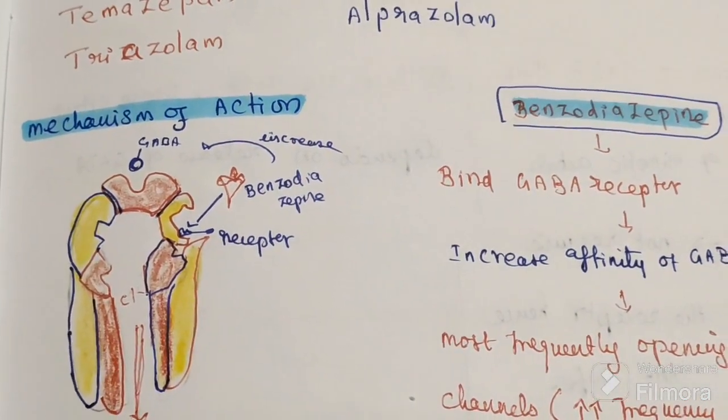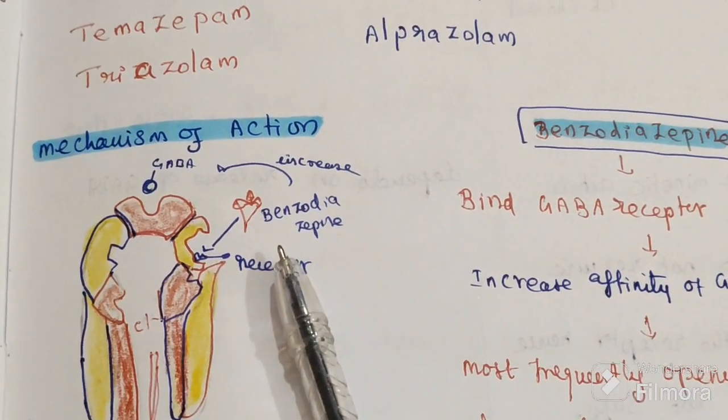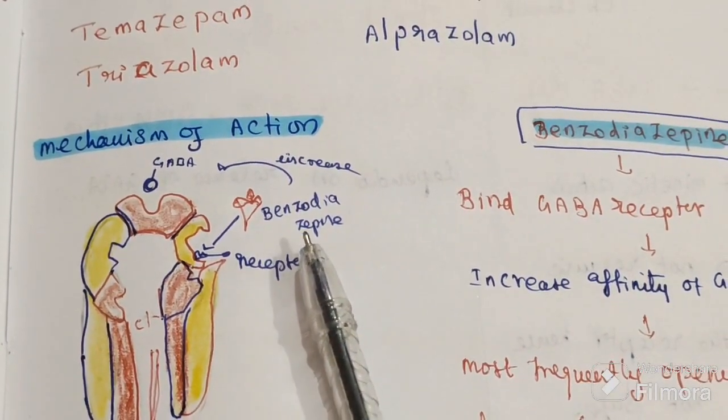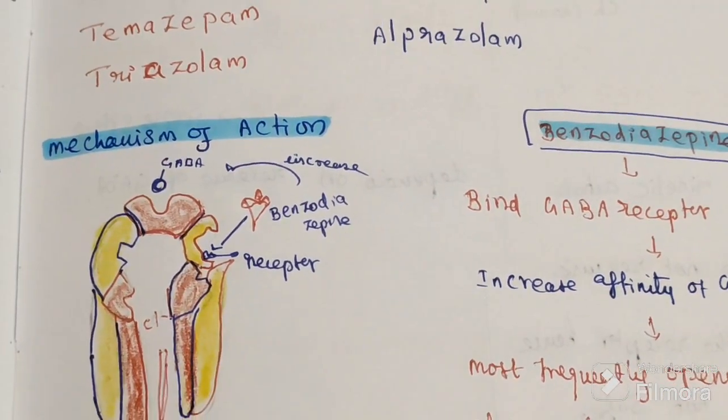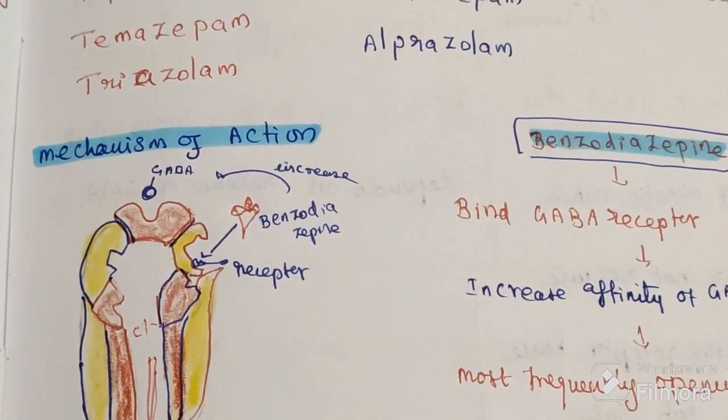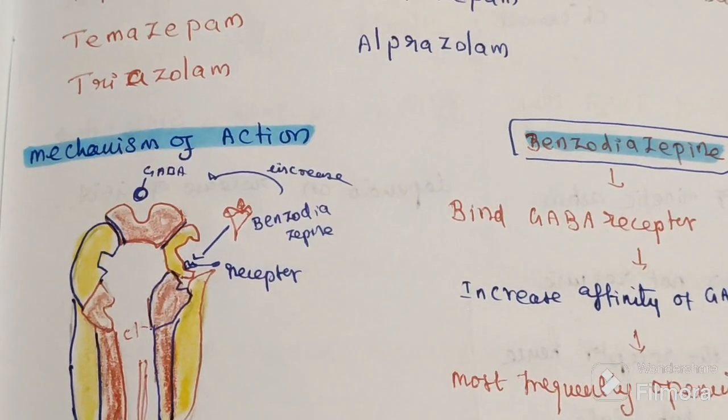See this diagram, this one is benzodiazepine. It will come and bind with this receptor.